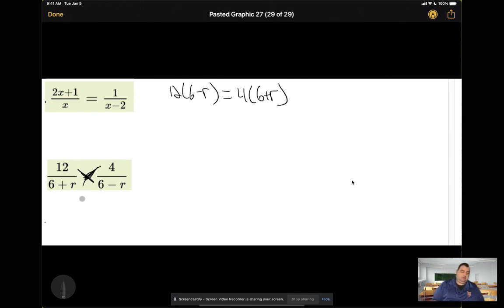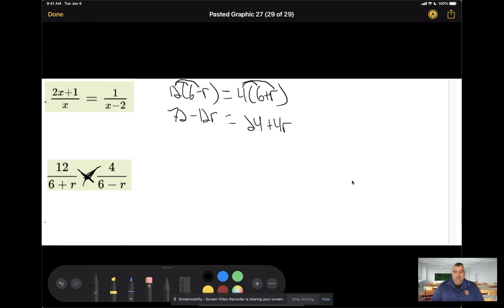So multiply and multiply. So to simplify this, I need to distribute. So 12 times 6 is going to be 72. So this is going to be 72 minus 12r. And then 4 times 6 is 24. This is going to be 24 plus 4r.